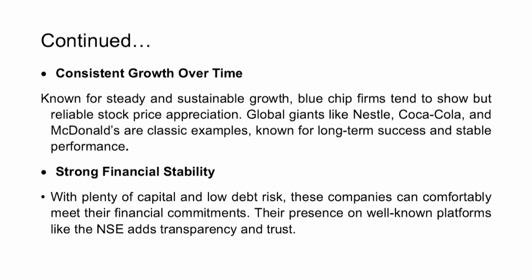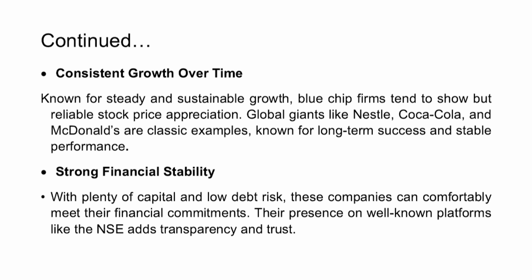Now, they also have consistent growth over time. They are known basically for steady and sustainable growth. So they do not offer you a very high amount of return in a very short span of time. Over a longer period of time, you will find the sustainable growth of this type of company.